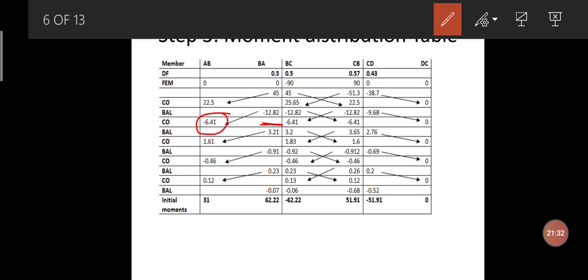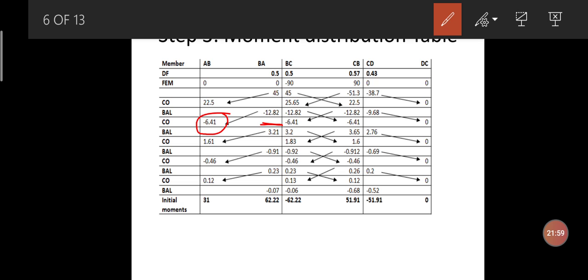So I need to repeat this procedure till I get a smaller amount of balanced moments. The smaller amounts of balanced moments I have got here are 0.07 and 0.06, 0.68 and 0.52. If I want to continue further, I can do it until 0.01 or 0.02. Very small moments I need to get.